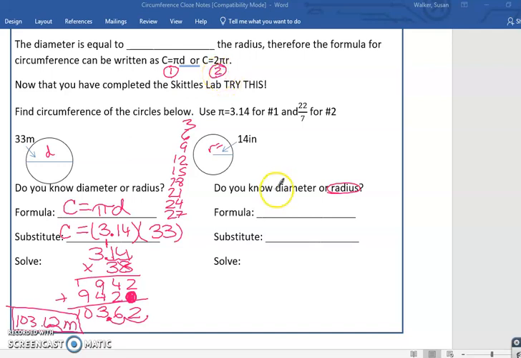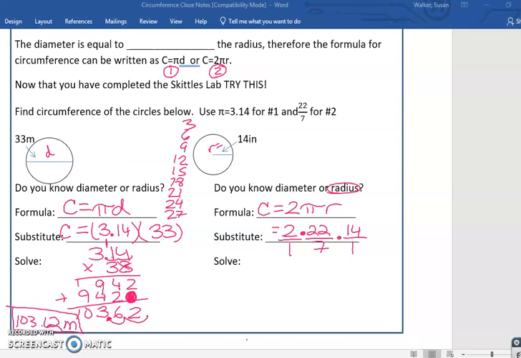Hopefully you said formula 2 because formula 2 has R and I know R. So C equals 2 pi R. So 2 times pi, they told me here for number 2 to use 22 over 7. Don't let that scare you. Times my radius is 14. Okay, so probably this doesn't look right. So let's put over 1 over 1.